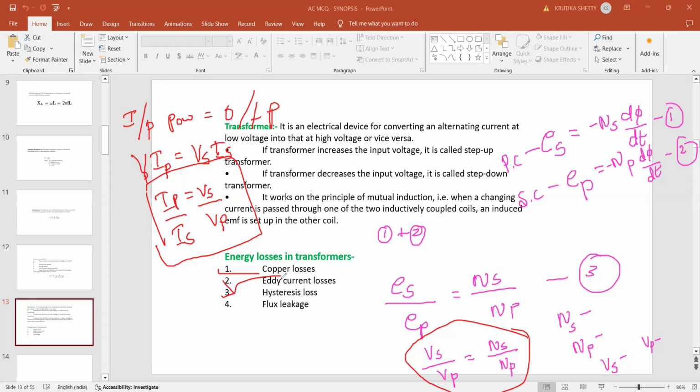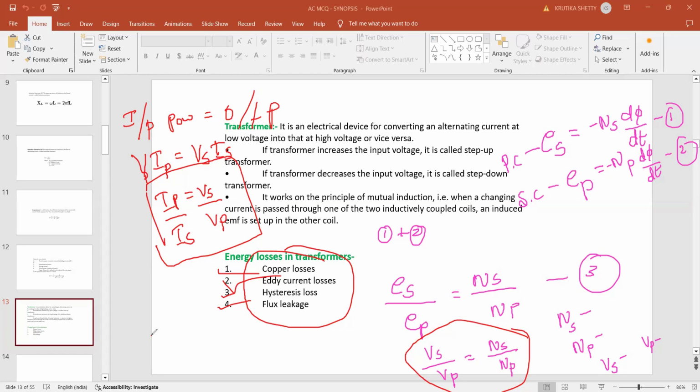Hysteresis you should study in magnetic materials, that is also deleted. Flux leakage, just remember the terms because this part is deleted. The energy loss in the transformer is due to these 4 factors: heating, eddy current loss, hysteresis loss, and flux leakage.